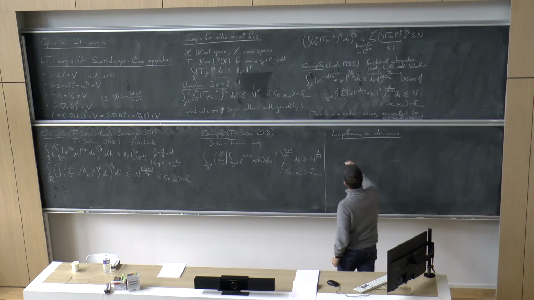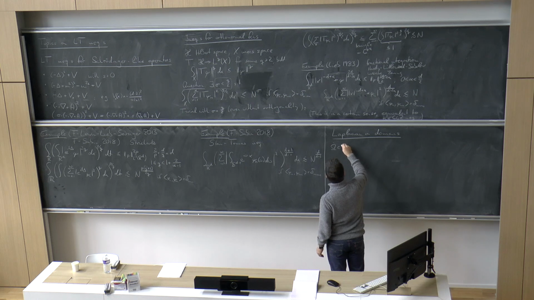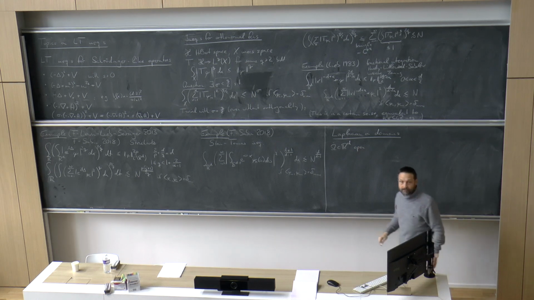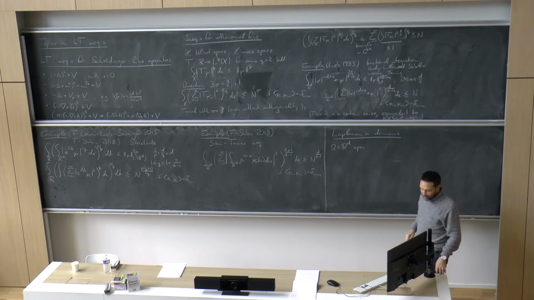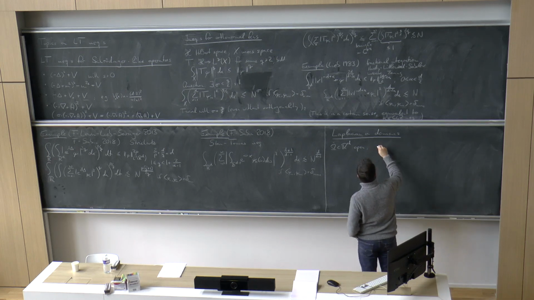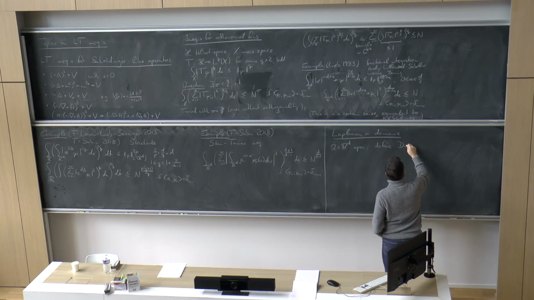Okay. So what we have is an open set omega. Right now we're not assuming anything about its size or boundary. And then I want to define the Dirichlet and Neumann Laplacian.